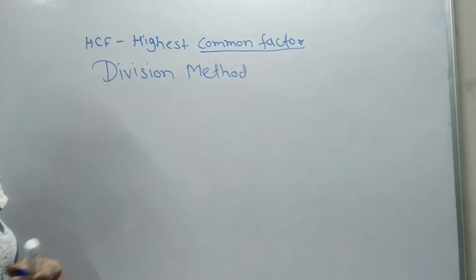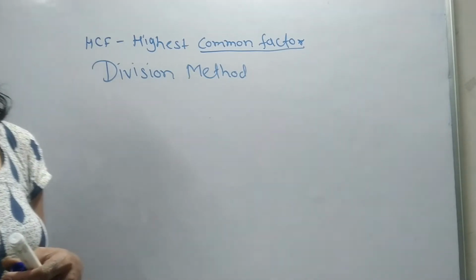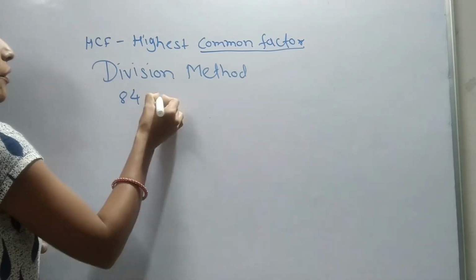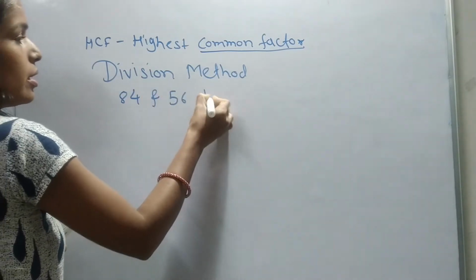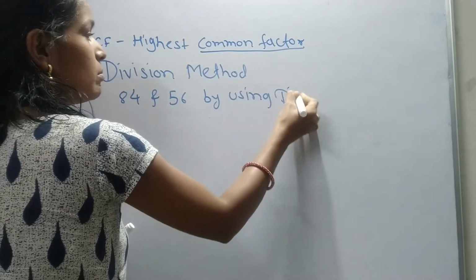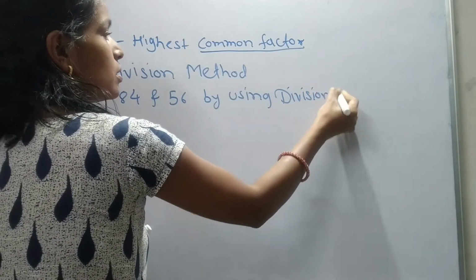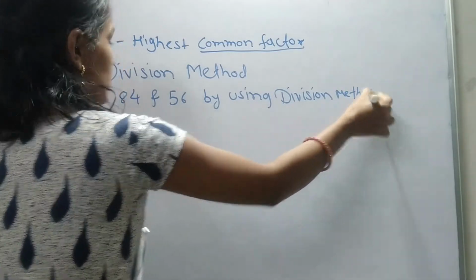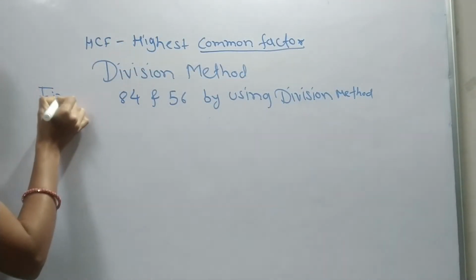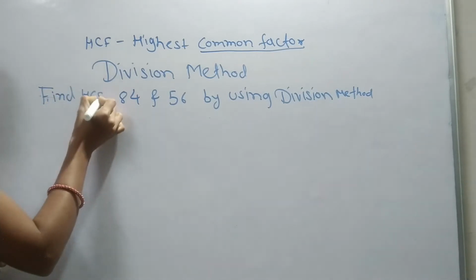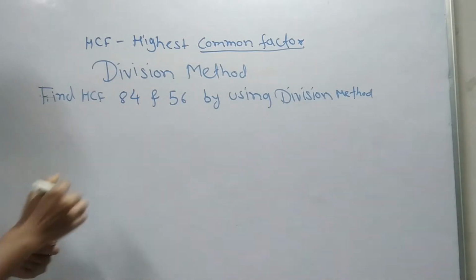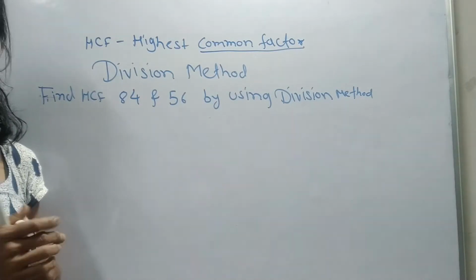Now, we have to find the HCF of 84 and 56 by using the division method. So what we have to do in this method, listen carefully.